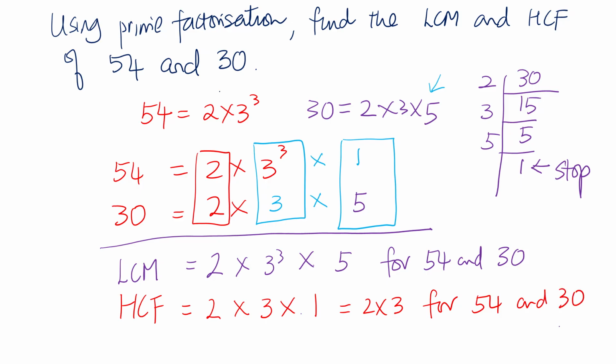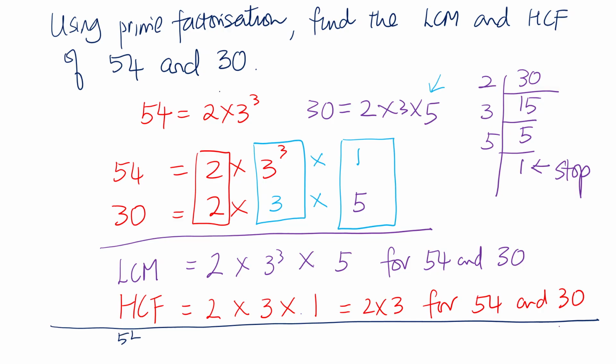All right, so how do we verify that this method is correct? I'm going to show it to you another way of doing it, which is rather tedious, where we do not use prime factorization.